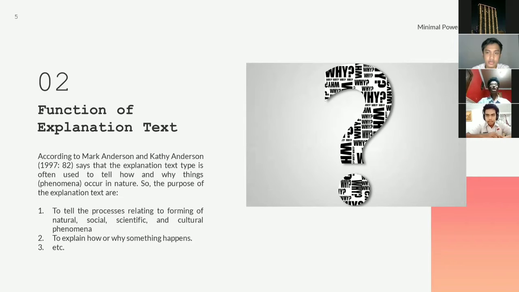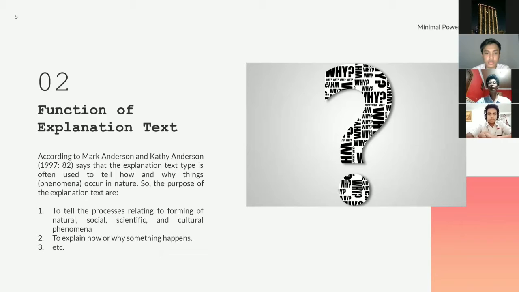So what's the function of explanation text? According to Mark Anderson and Kathy Anderson in 1972, explanation text type is often used to tell how and why things or phenomena occur in nature.